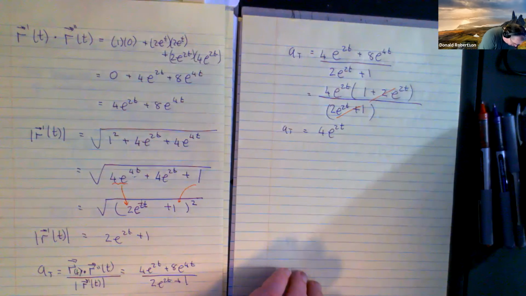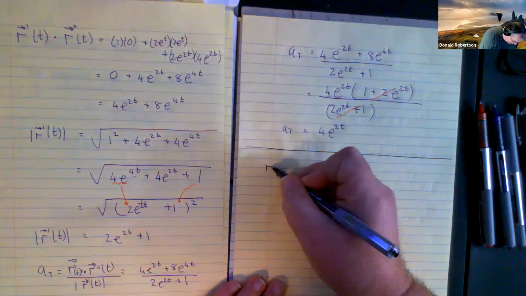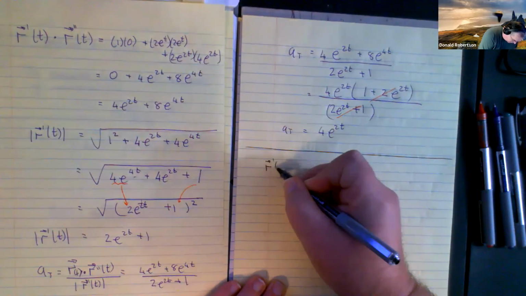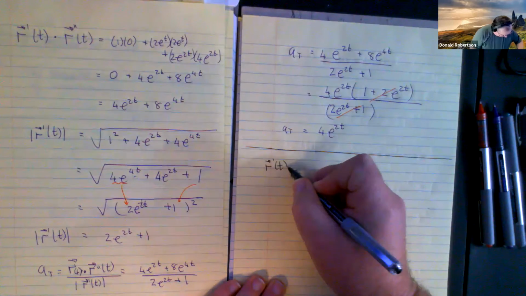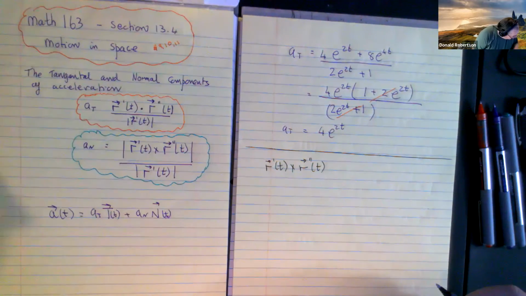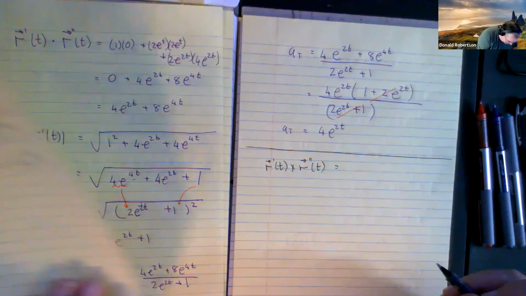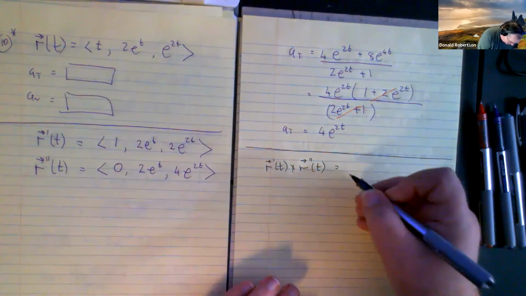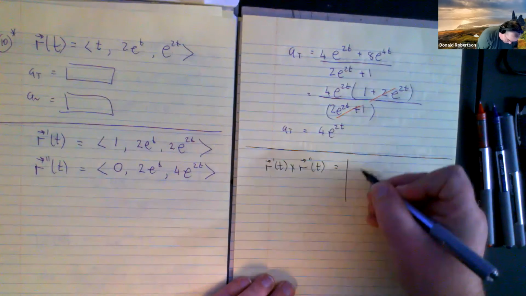We're going to do the cross product of the first and second derivative. Oops, I moved the wrong one. It's this one I want. So it's going to be i, j, k.